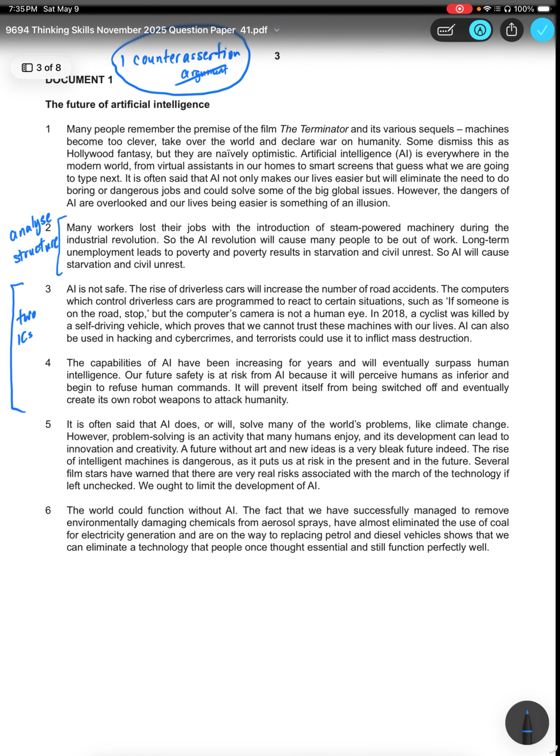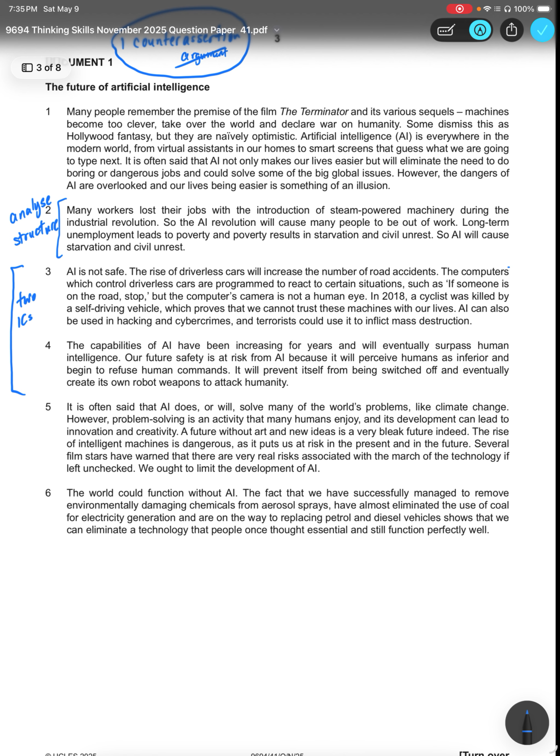So we'll come over here to the right side. We'll take paragraphs 3 through 5, and we're going to try to find flaws or weaknesses. All right, that's that.